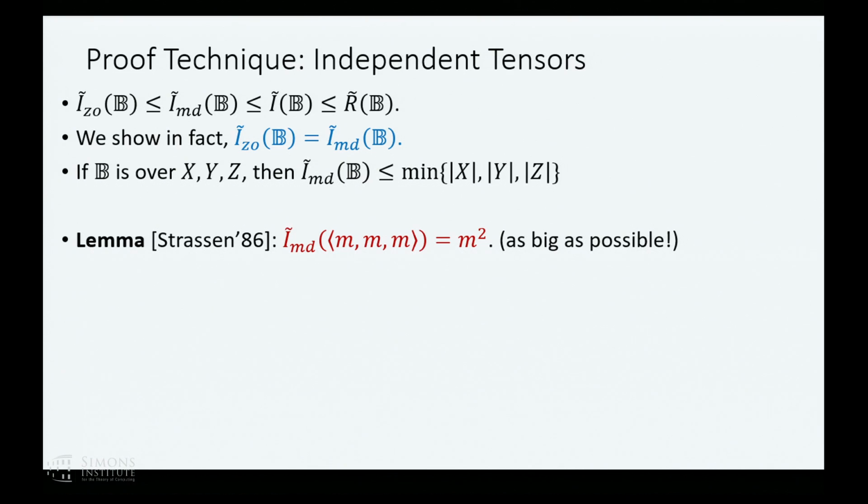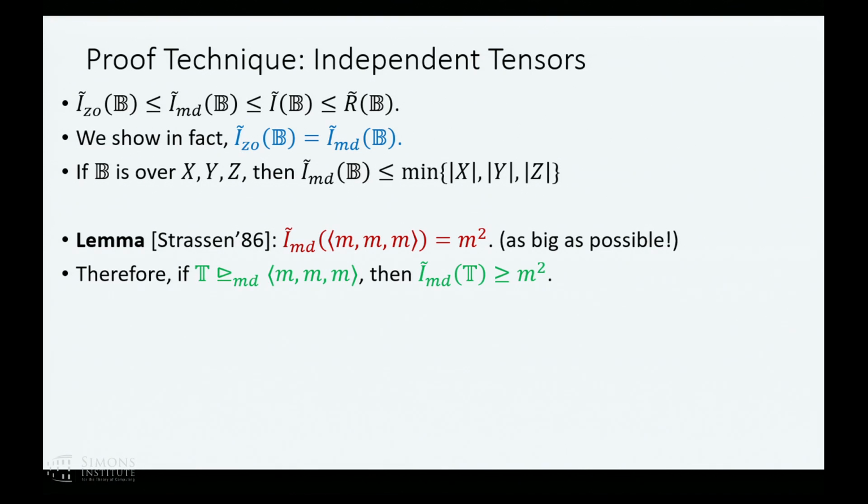And in fact, its asymptotic galactic subrank, asymptotic monomial degeneration subrank, is equal to m squared.